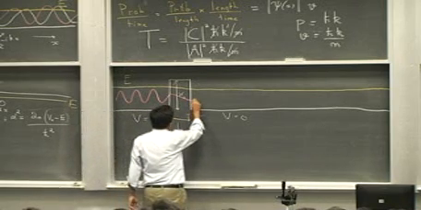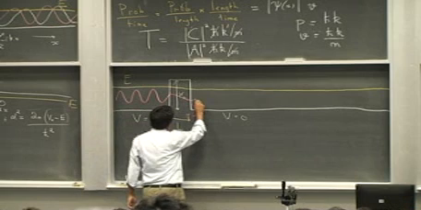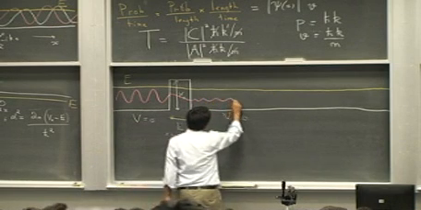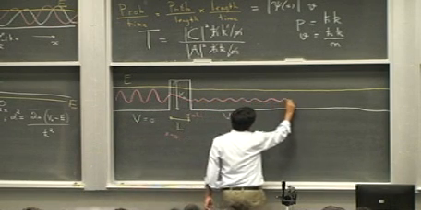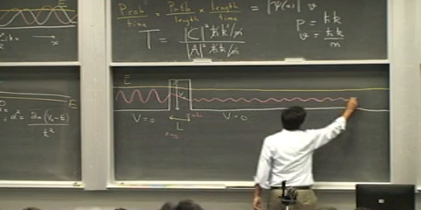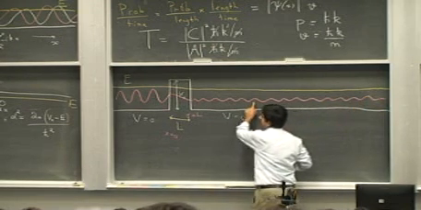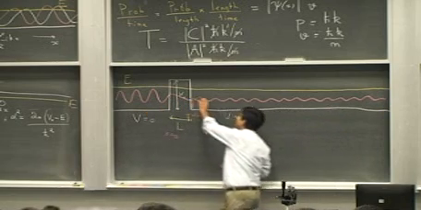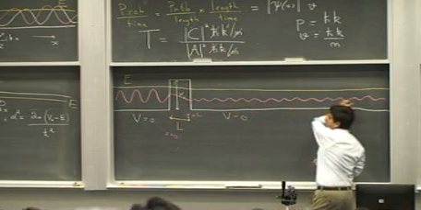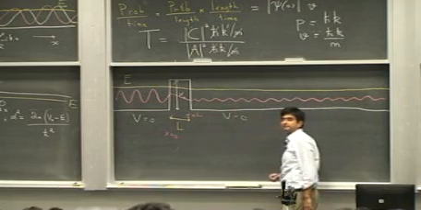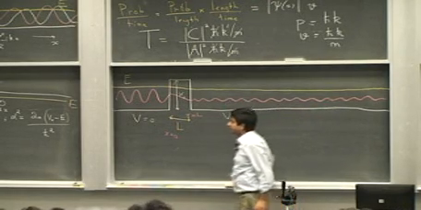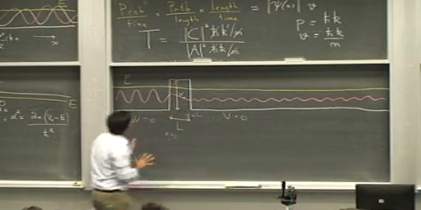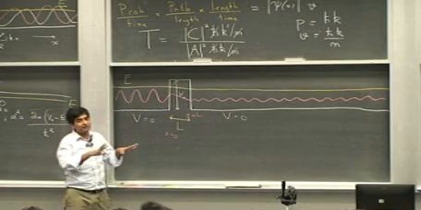And then I will have a wave function with the same wavelength, with the same k value as the k value here, but with a much reduced height, the much reduced amplitude.